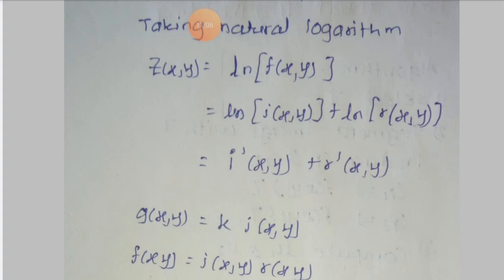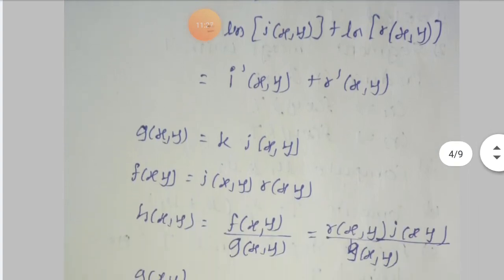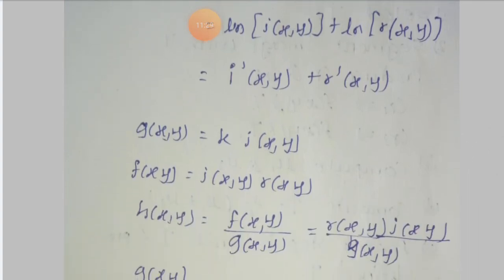Image g(x,y) is equal to k times i(x,y), where k is a constant that depends on the surface and i(x,y) is the illumination pattern. Then for any image f(x,y), where f(x,y) is equal to i(x,y) times r(x,y), if we put the value h(x,y), we get f(x,y) divided by g(x,y).